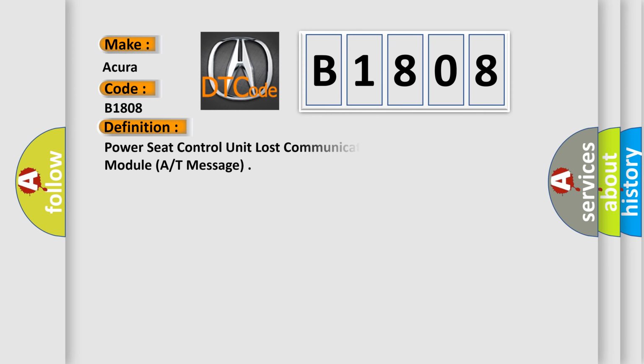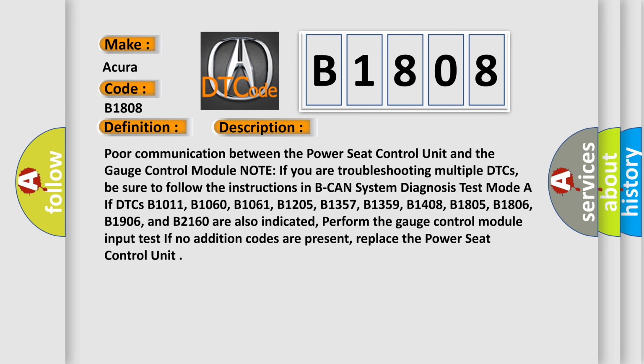The basic definition is: power seat control unit lost communication with gauge control module at message. And now this is a short description of this DTC code. Poor communication between the power seat control unit and the gauge control module.